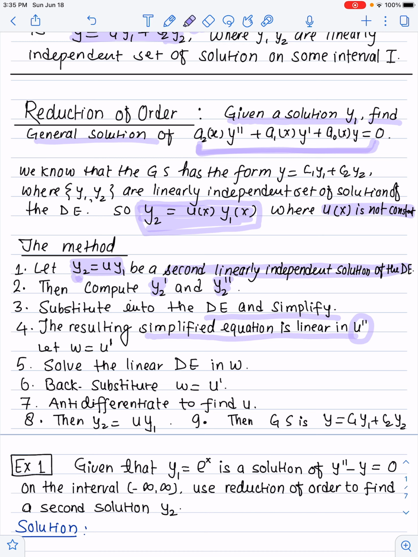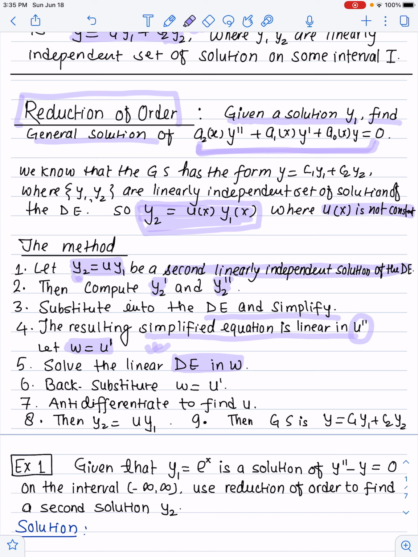The next step is we let w equals u prime to reduce the order of the differential equation, because the method name is reduction of order. So here we reduce the order by letting w equals u prime, and then we solve the differential equation in w.